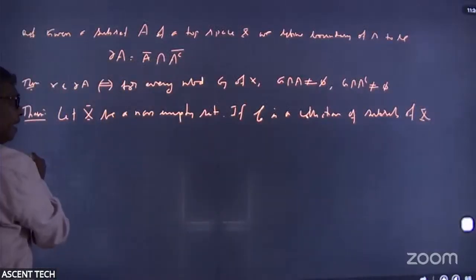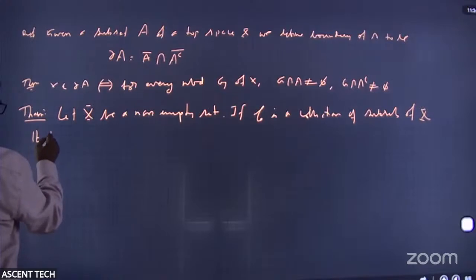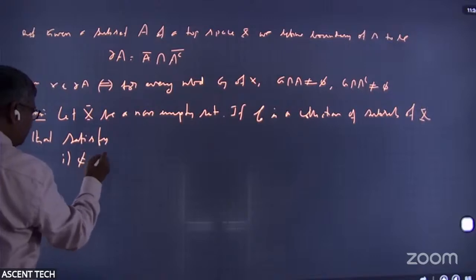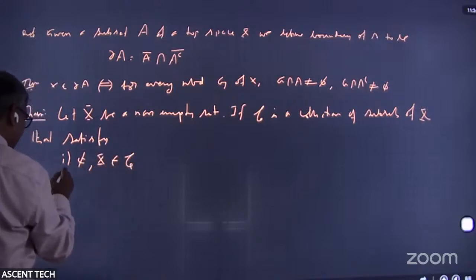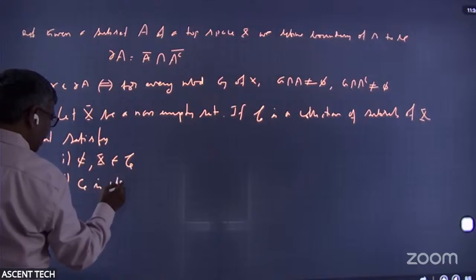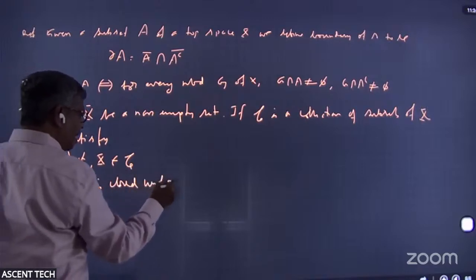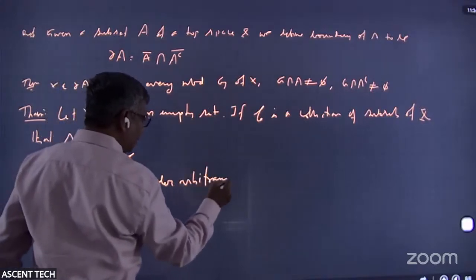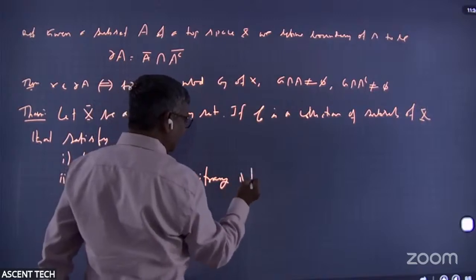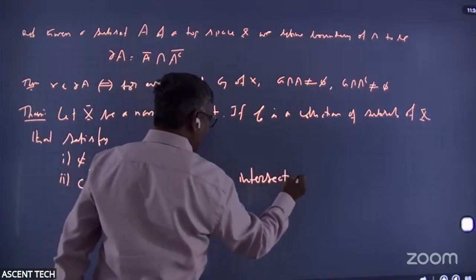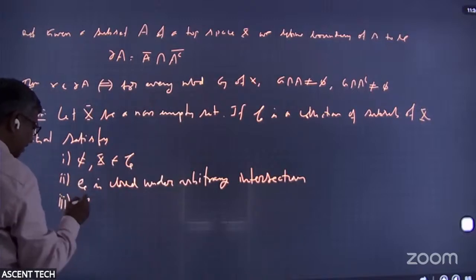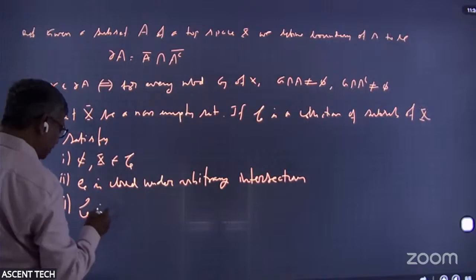Let C be a collection of subsets of X that satisfy: one, the null set and the whole space are in C; two, C is closed under arbitrary intersections; and C is closed under finite unions.